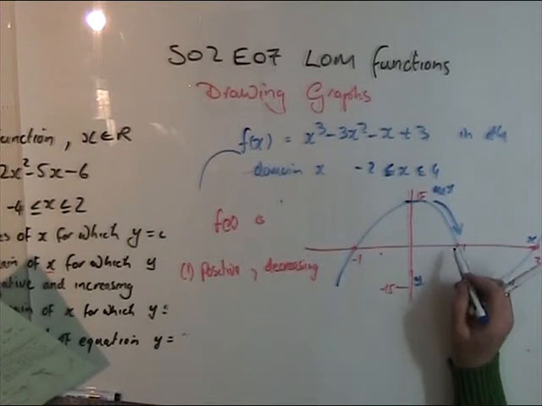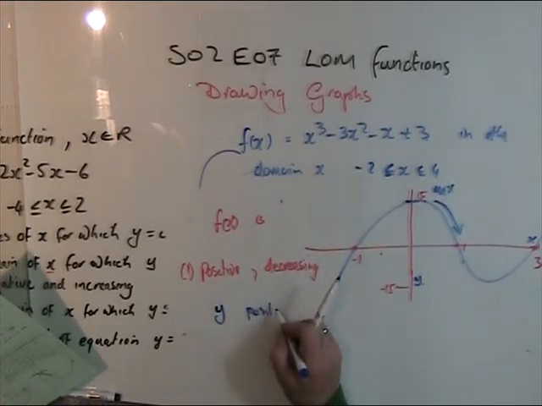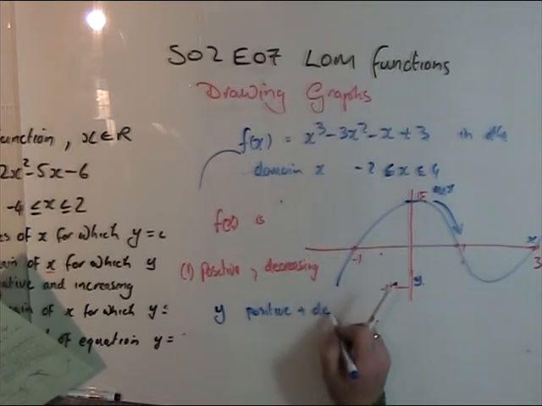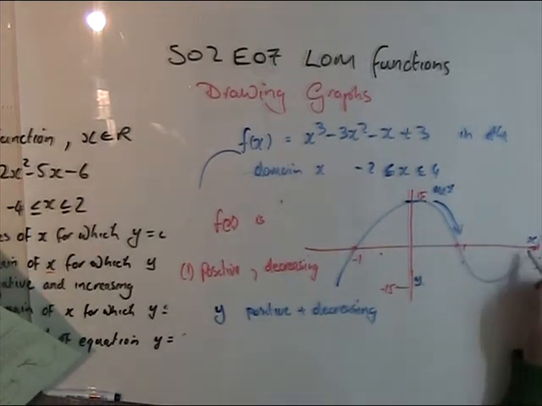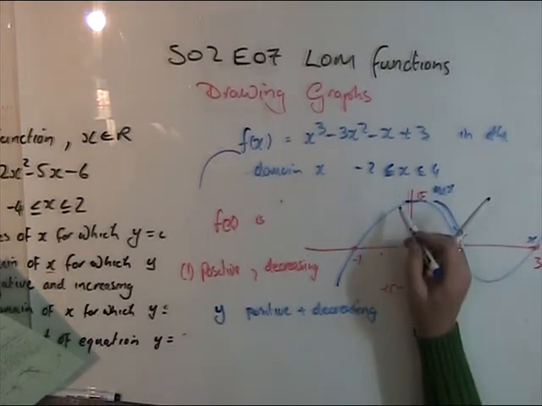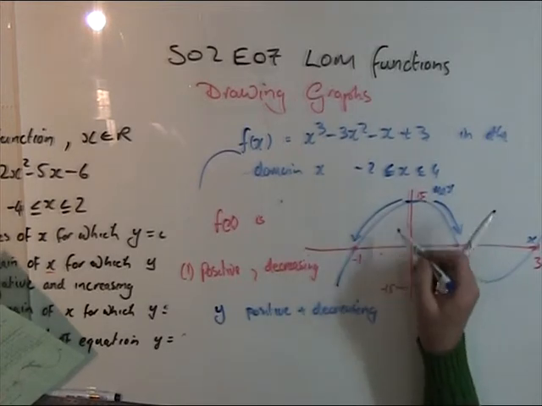No, it's not. So it's saying, where is y positive and decreasing? In other words, your graph. Is there any other place where it's positive and decreasing? Is it decreasing here? Yes, it is decreasing here. So there's another set of points.